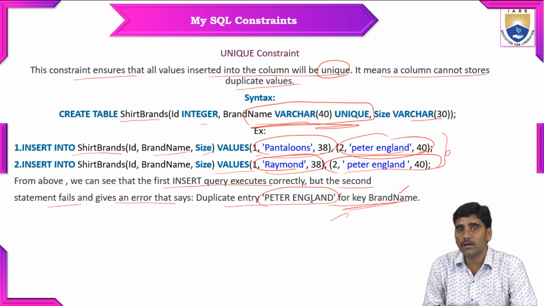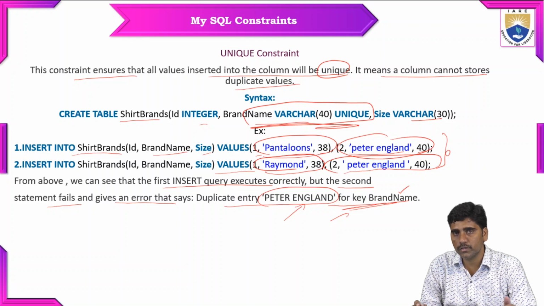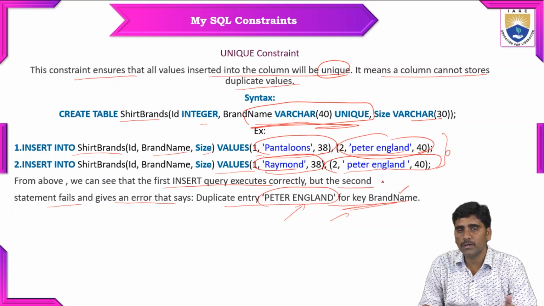So it is not allowed to enter it again, because the brand name is assigned with the unique key constraint. So it does not allow you to enter duplicate values.